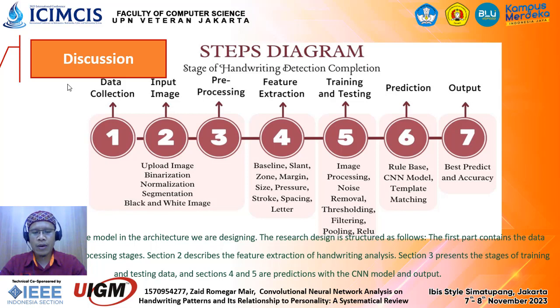For the template platform, the researchers can make a choice which platform will be suitable to analyze the handwriting pattern. And the last stage in this step is output, best prediction and accuracy.